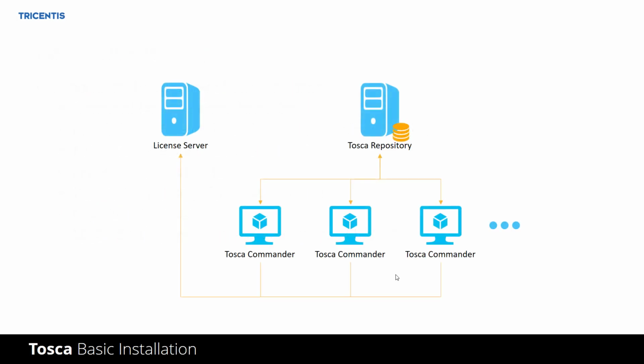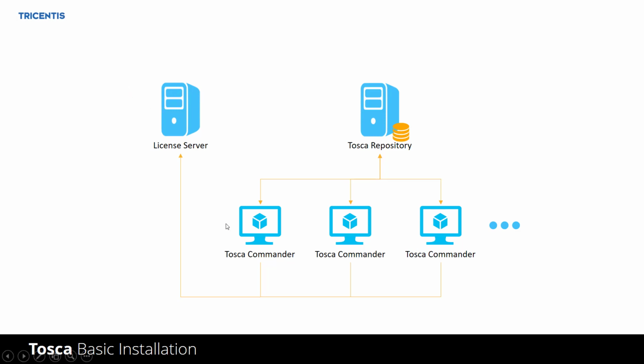Let's take a look at a normal situation on the customer side. Typically, you have one server, which is the server for the database, where you will install your common repository. On the other side, you might have a second server where Tricentis Tosca server will be installed with all its features, depending on your needs.